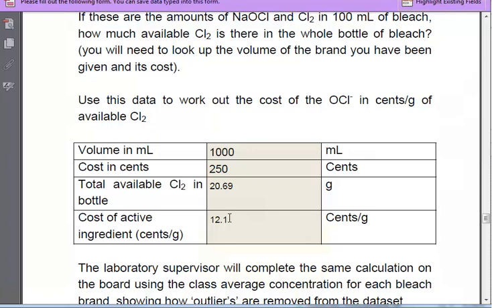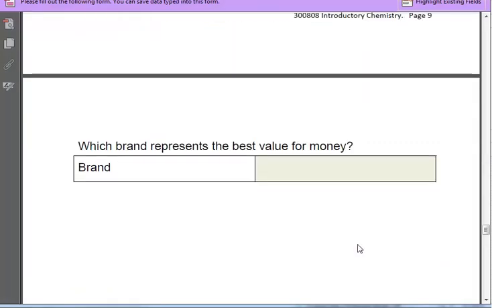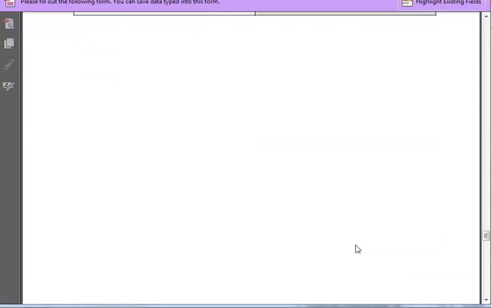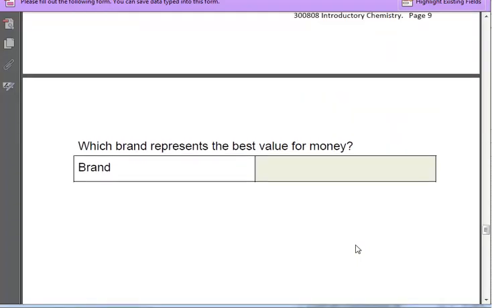Okay, so you simply divide the cost by how many grams there are in the bottle, and then you'll collate the results for the class, and you work out which brand of all the ones that's measured represents the best value for money, and that's how you'll do the calculation for presentation in this experiment.